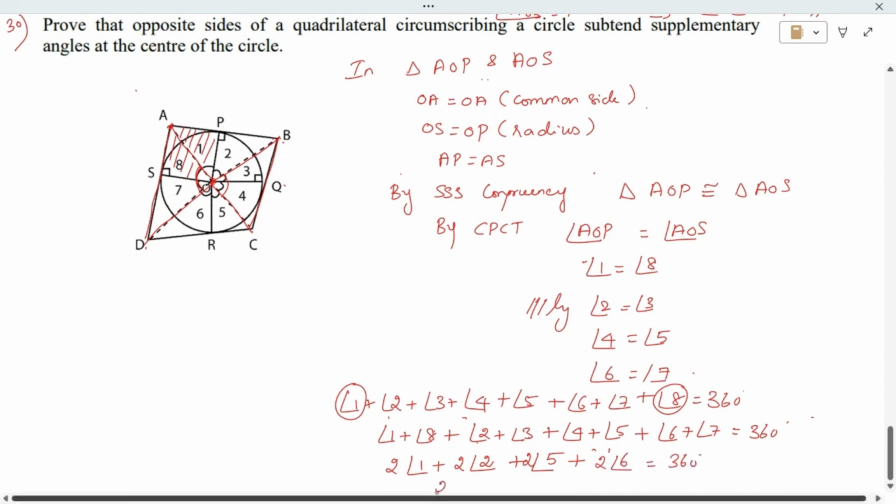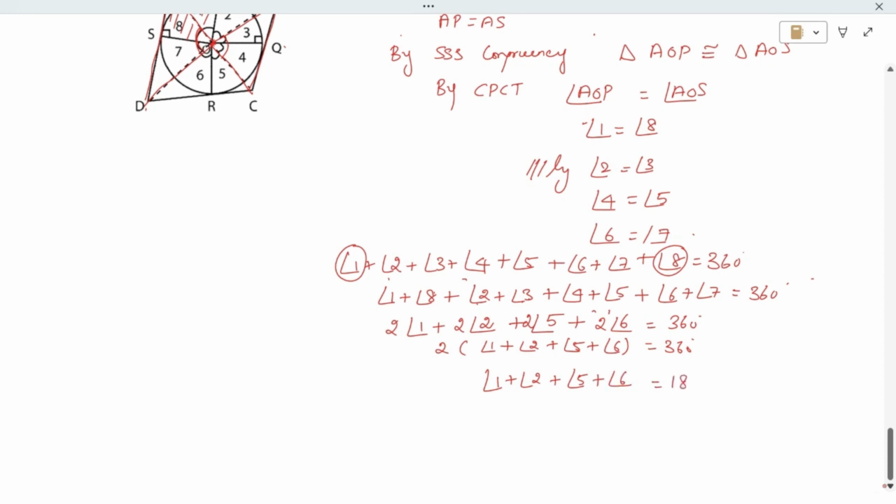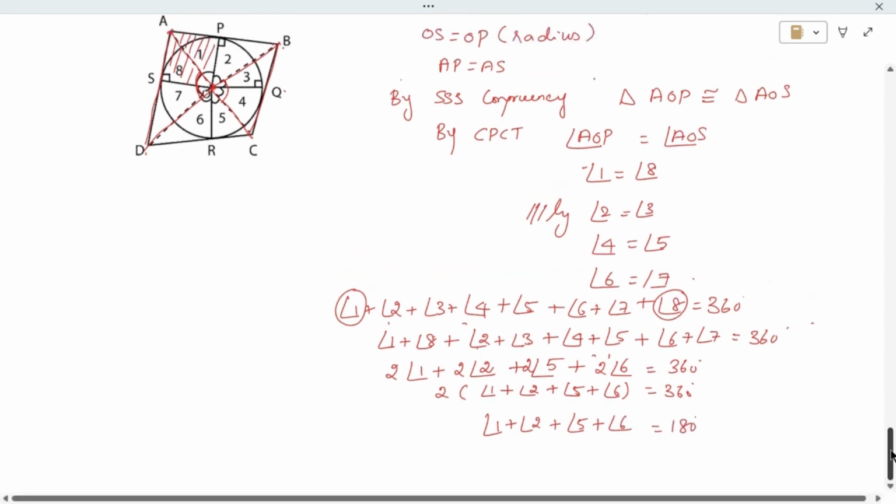Taking 2 commonly outside, I get angle 1 plus angle 2 plus angle 5 plus angle 6 equal to 360. Transposing to the other side, this equals 360 by 2, that is 180 degrees.